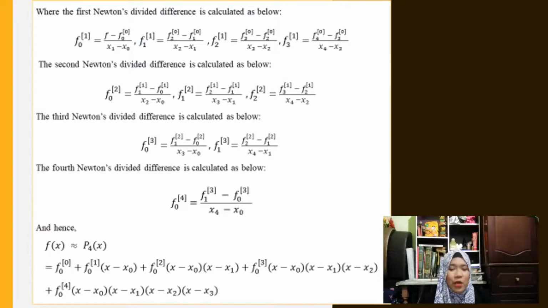And hence f(x) equals P4(x), which equals F00 plus F01 (X minus X0) plus F02 (X minus X0)(X minus X1) plus F03 (X minus X0)(X minus X1)(X minus X2) plus F04 (X minus X0)(X minus X1)(X minus X2)(X minus X3).